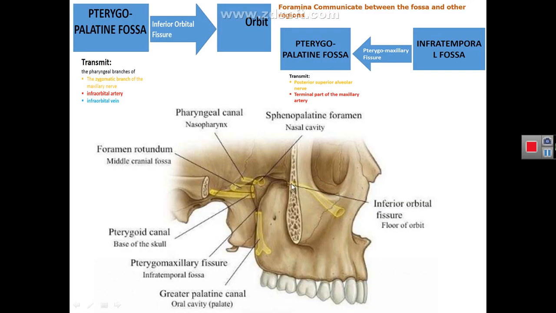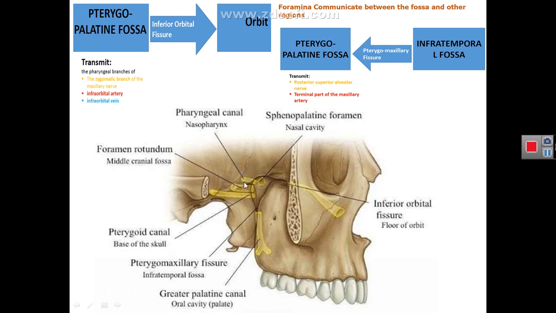Finally, this subject is concerned with connections of the pterygopalatine fossa. We had described connections of the infratemporal fossa a while ago, but now we will describe connections of the pterygopalatine fossa. The pterygopalatine fossa is connected with the nasal cavity through sphenopalatine or nasopalatine foramen, which is a foramen in the vertical plate of palatine bone.